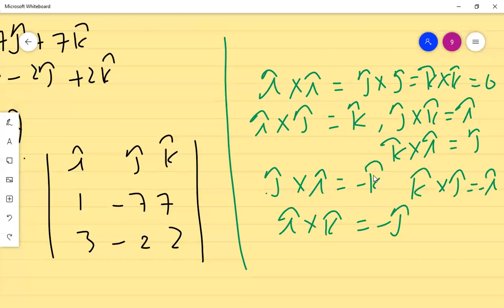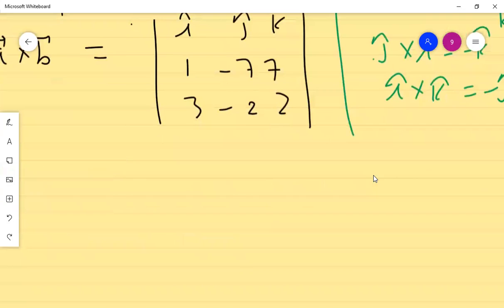So if we take the determinant, then simply we will get the answer. We need not think of this.